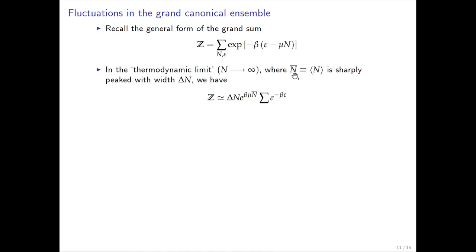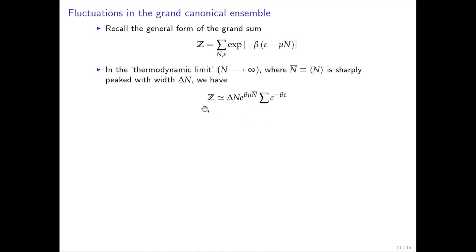We'll put n bar here, and we'll have approximately delta n terms that have that, and so we can pull out this factor e to the beta mu n bar, and we'll have about delta n of those terms in this sum.